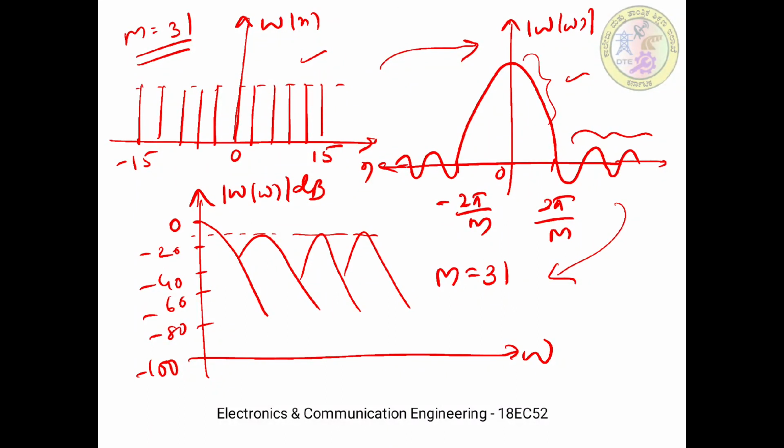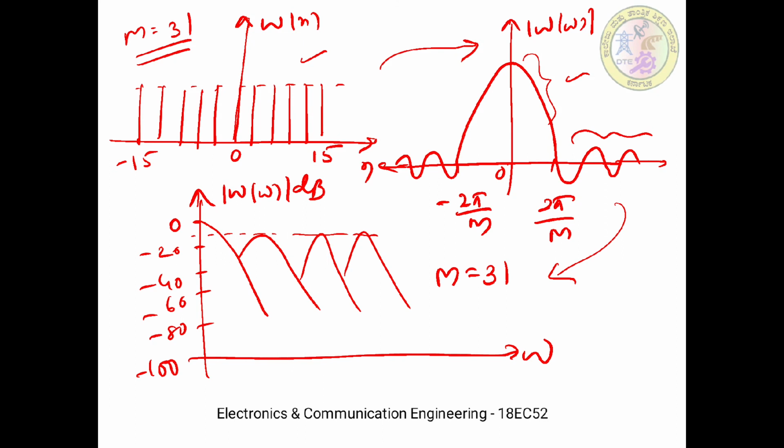Now the width of this main lobe is going to decide the accuracy of the desired filter. The main lobe, as you can see from the graph, is the distance between two points, from 0 to plus 2 pi by m or 0 to minus 2 pi by m. So the total main lobe width is 4 pi by m.